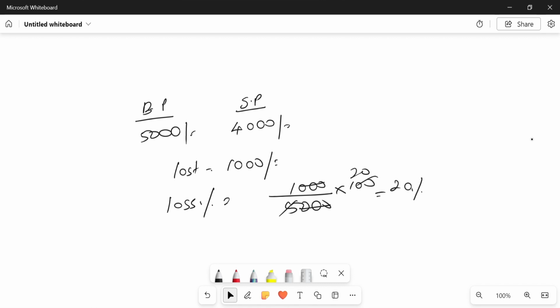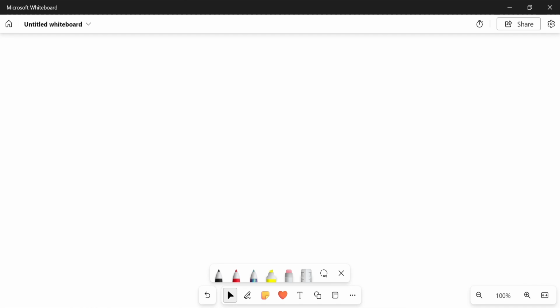So this is how we find the profit percentage, loss percentage, and other percentages. Whatever percentage there is, we have to do the same thing. Sometimes we will have to work out discount percentages. For example, in order to promote your business, we have to give a discount. So suppose you mark something in your business at 5,000 rupees and announce a 20% discount.